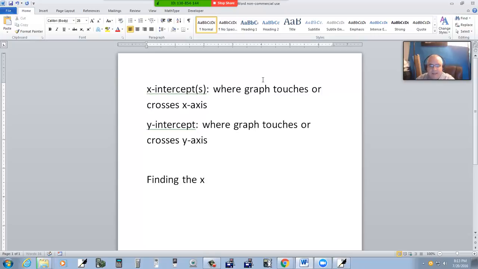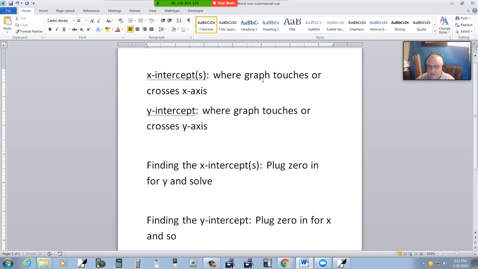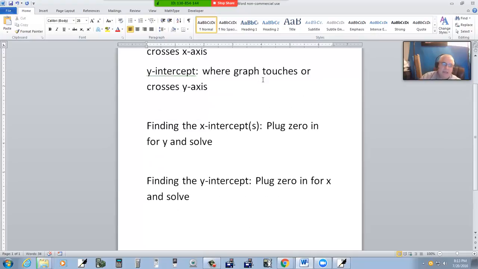So finding the x-intercept, what we're going to do is plug 0 in for y and solve. Now finding the y-intercept, we're going to plug 0 in for x and solve. It's always the same. When you're finding intercepts, you always plug 0 in for the other variable.